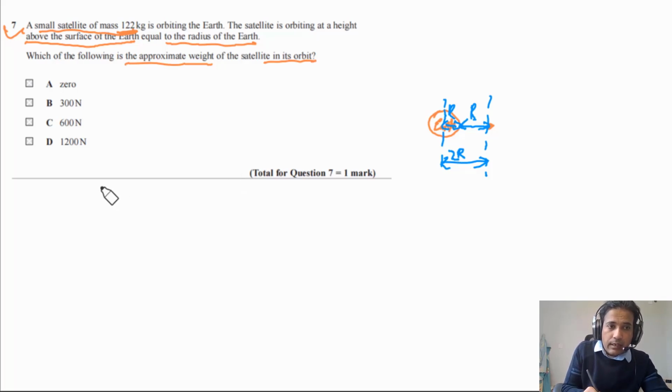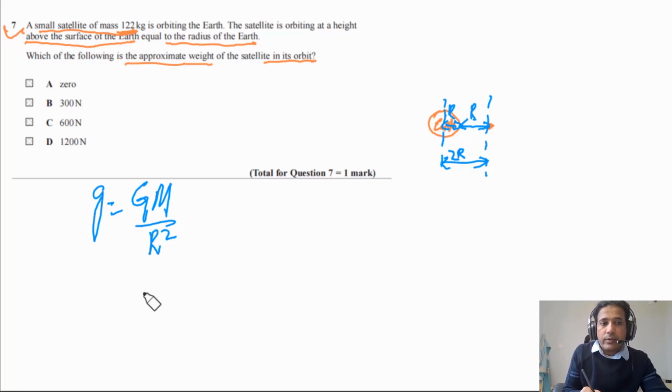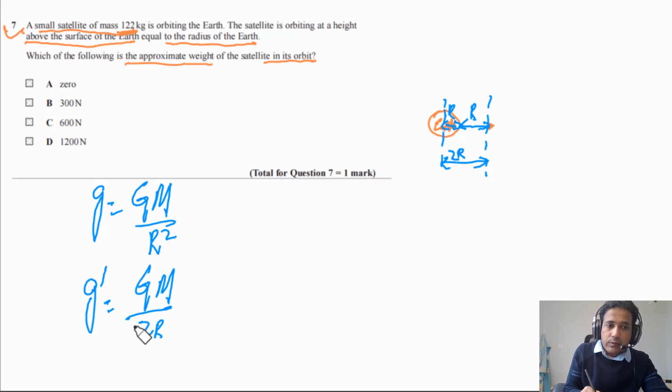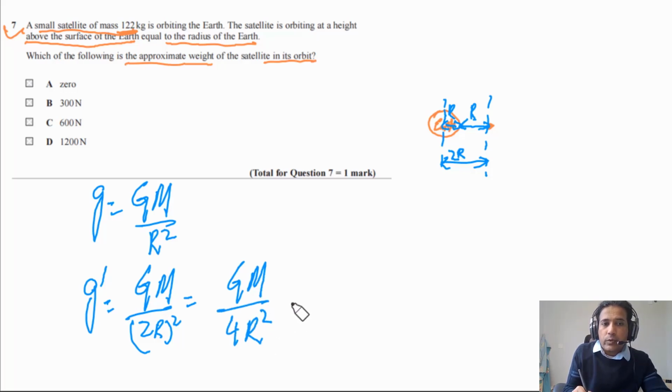At distance r, the value of g should be equal to G capital M divided by r square. Now as the distance is double, the new value of g will be equal to G capital M divided by 2r square, so this is G capital M divided by 4r square, or simply g divided by 4.